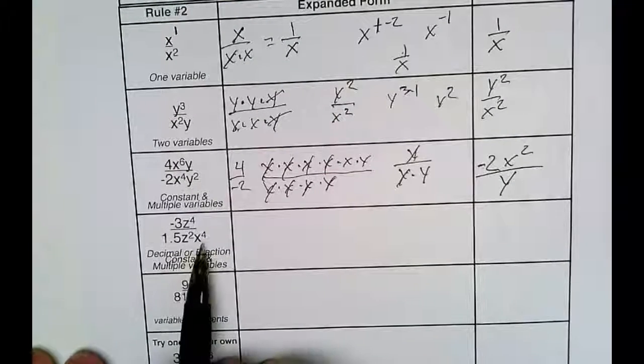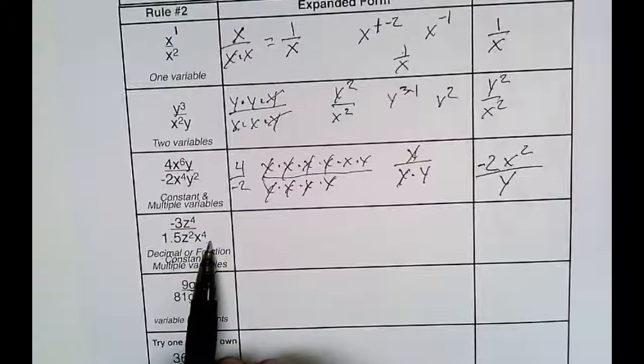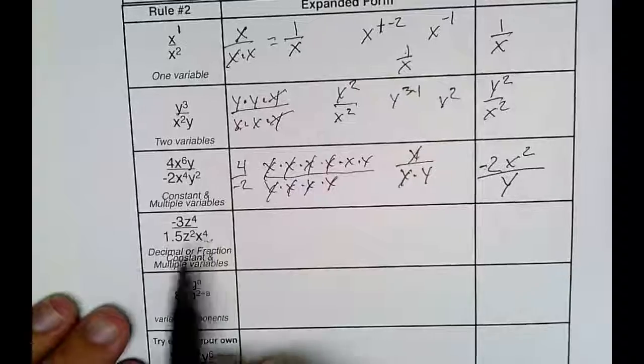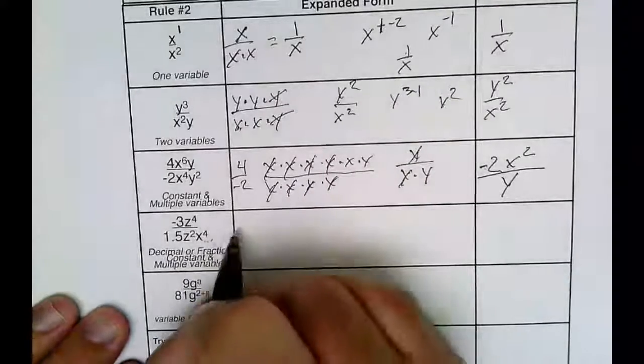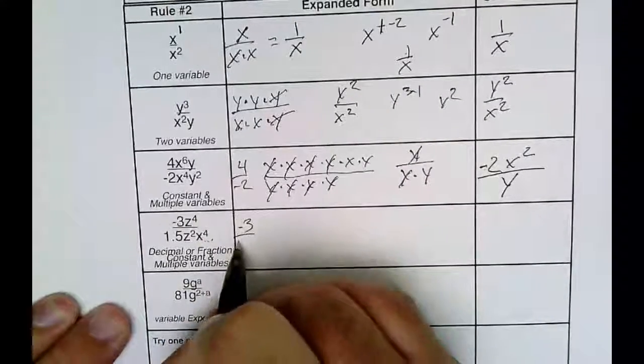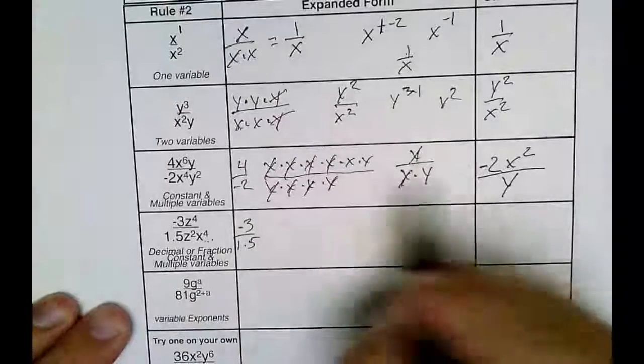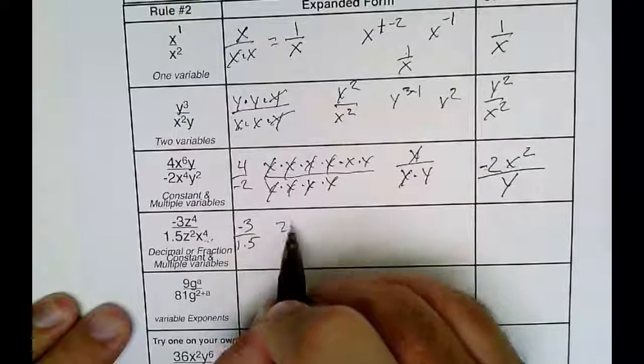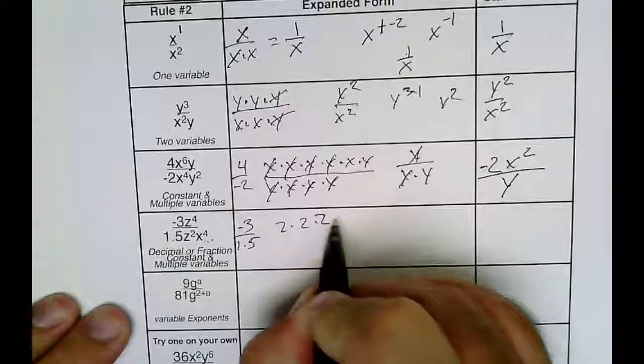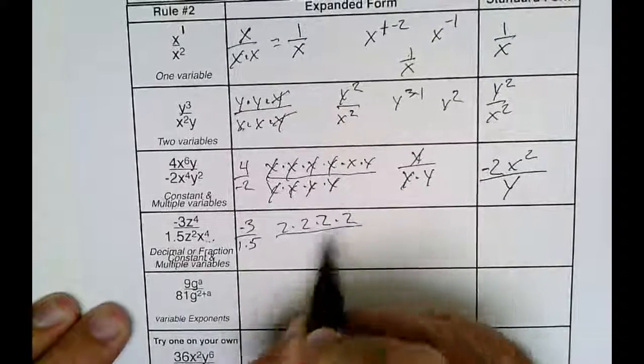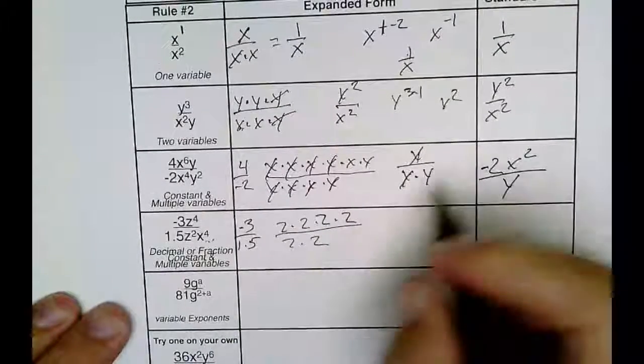All right, let's look at our next one. Same thing here. It doesn't matter if it's a decimal or if this is a fraction. I'm going to take care of the coefficients. And then I'm going to take care of the variables.